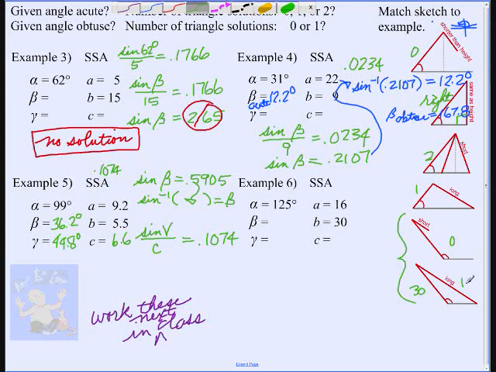This is 30, this is 16. You know what? There is nothing. It's impossible because 16 is less than 30. So this is no solution.